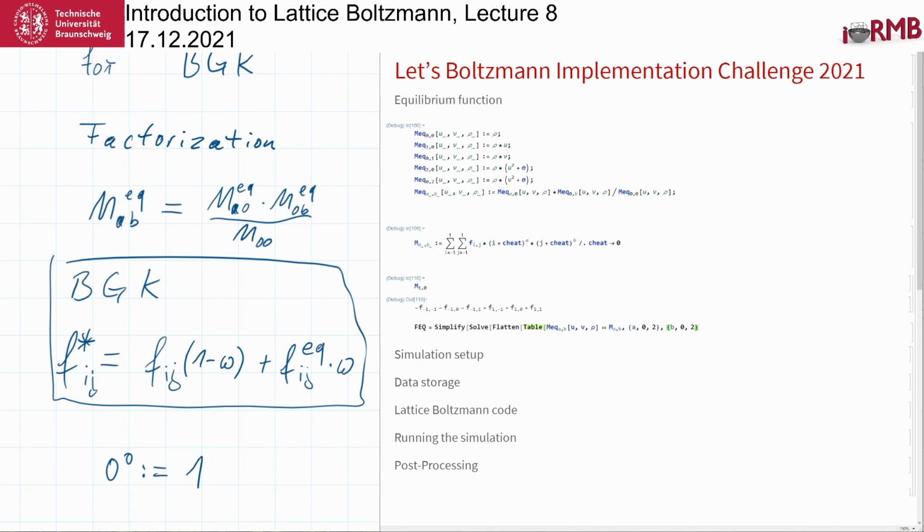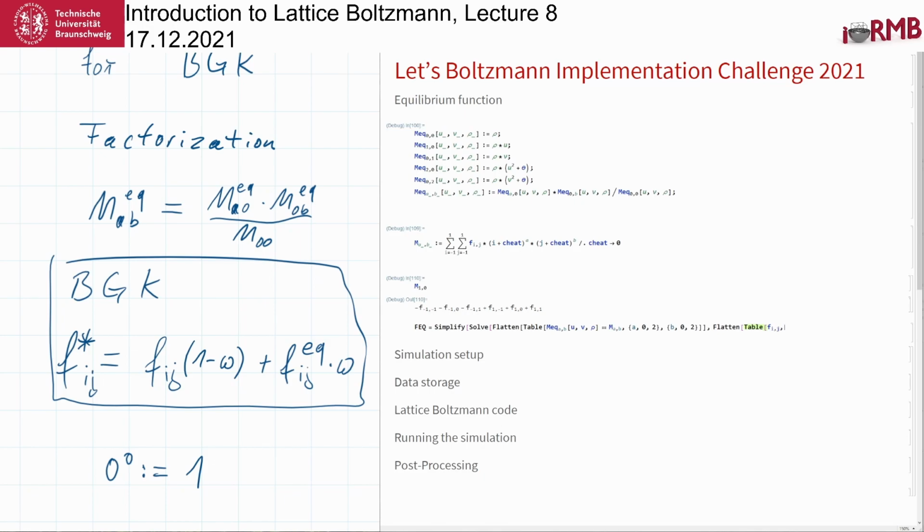Okay, so now we have to close all our brackets, and then we have to tell the code what we want to be solved for. Again, we need some housekeeping by doing this flattening of the table. And here we give the variables for which we want to solve, and the variables we want to solve for are of course the distributions f, i, and j.